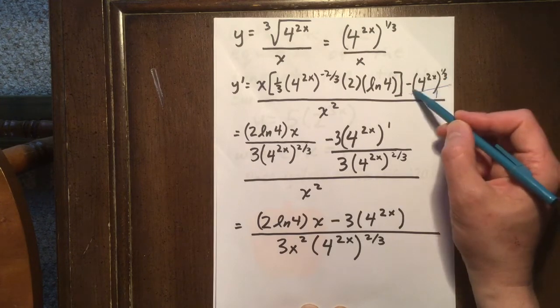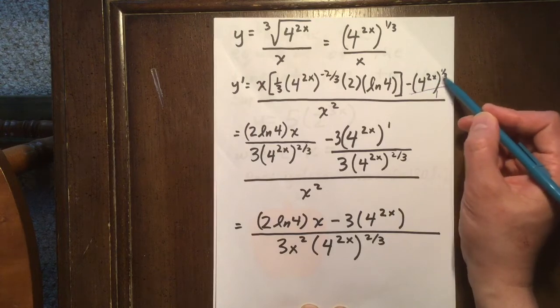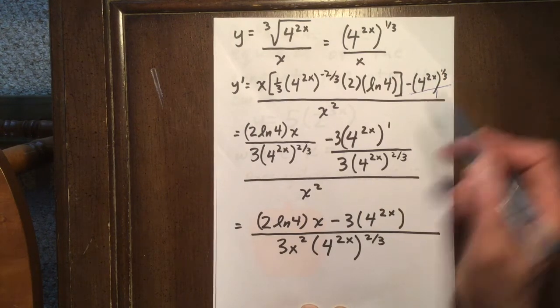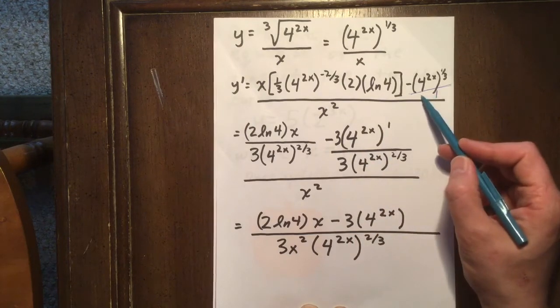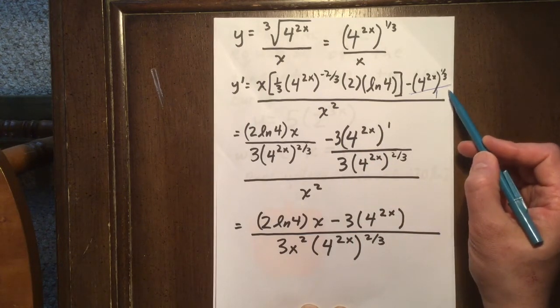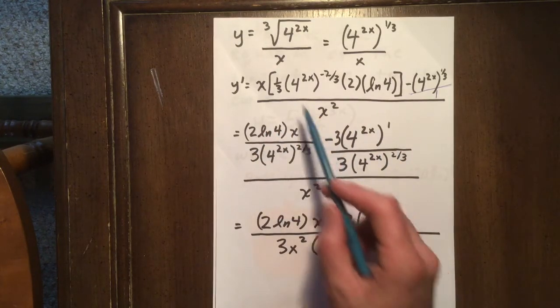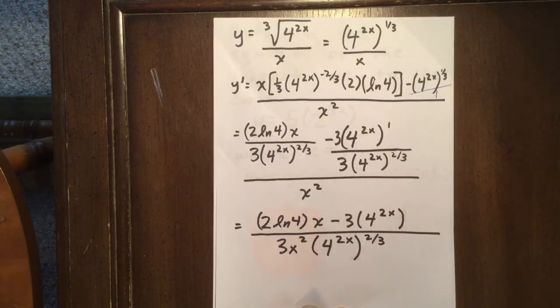What that gives us in the numerator is 3 times 4 to the 2x to the 1, because a third plus 2/3 would be 1, and 3 times 4 to the 2x to the 2/3 in the denominator. And so all of that with that common denominator is actually just our way of simplifying the numerator.